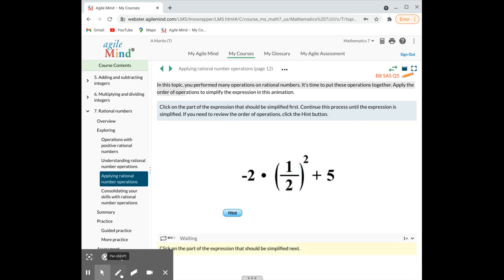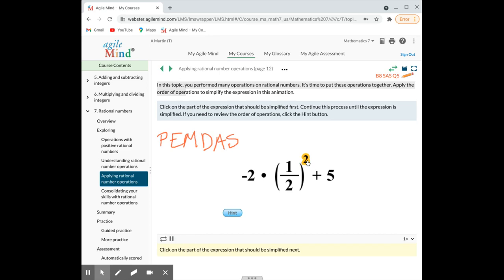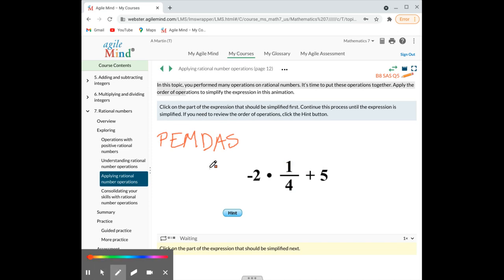Now, remember the next thing. Remember, if we have our PEMDAS, like y'all said, we've done our parentheses. But now there's something else. What comes next? Exponents. So where is that at? It's a 2. Yeah, this little 2 right here, right? So they're taking 1/2 and multiplying it by itself 2 times.